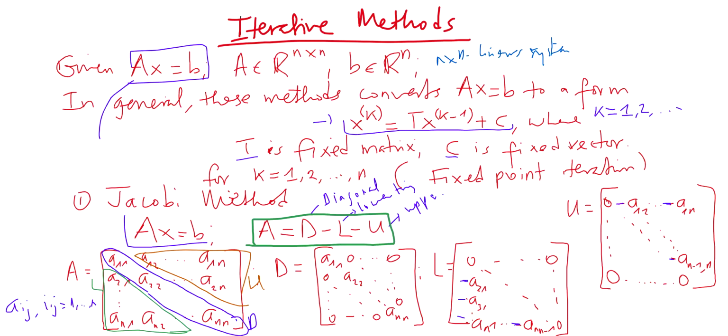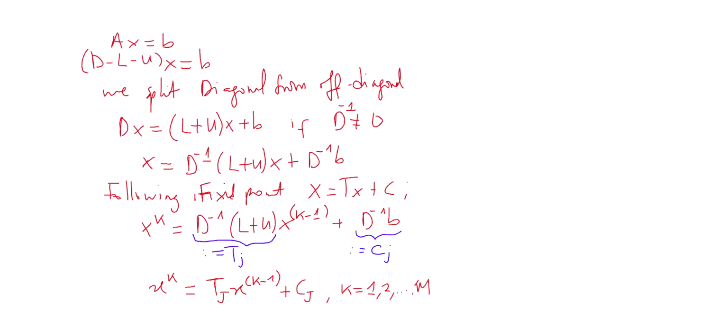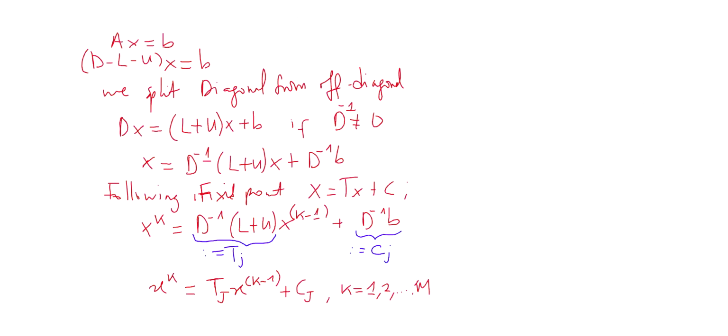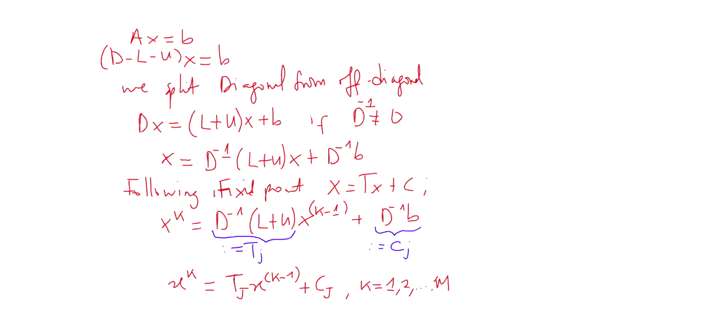Okay, so now, once we have that, we go through the process. This is really the Jacobi method. In the Jacobi method, we split the diagonal from the off diagonal.